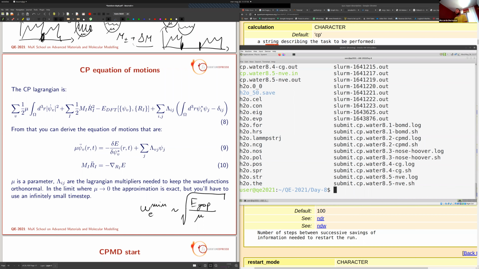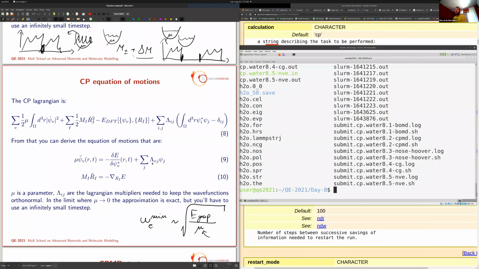So you see, if you put here a too large number, eventually this small frequency will overlap with the frequencies of the ionic system. Energy will be exchanged, and the electrons will go away from their ground state.